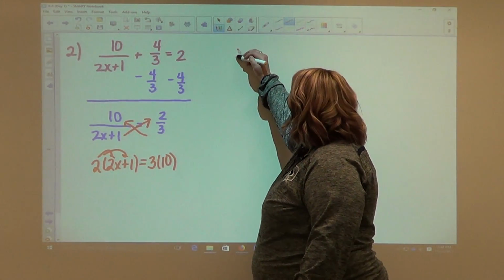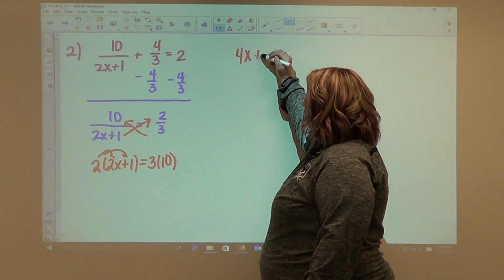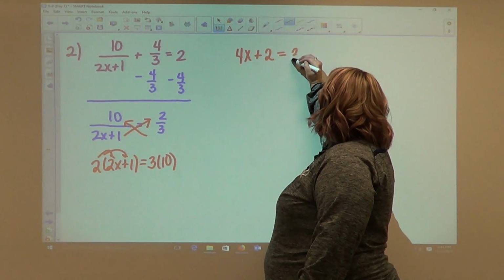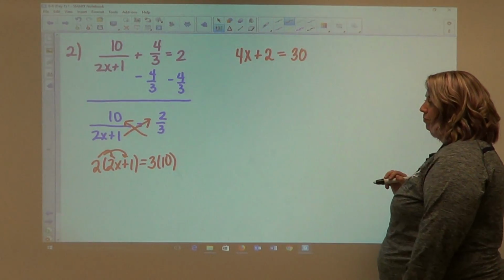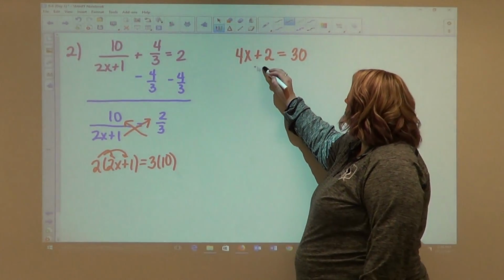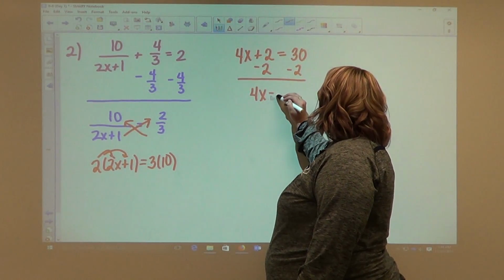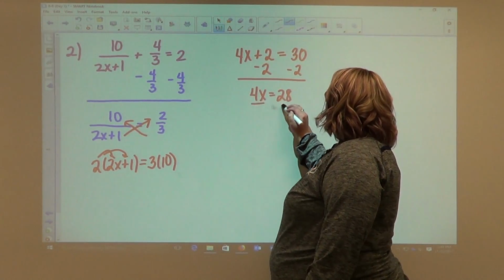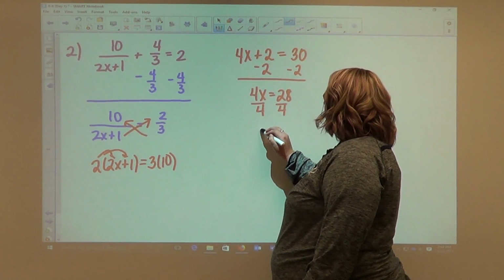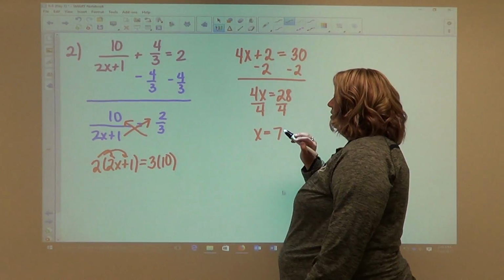So I would get 4x plus 2 equals 30. Subtract 2. So I have 4x equals 28. Divide by 4. X equals 7.